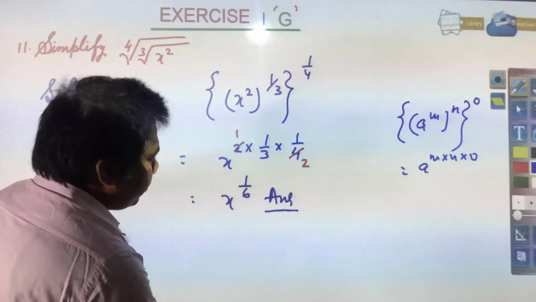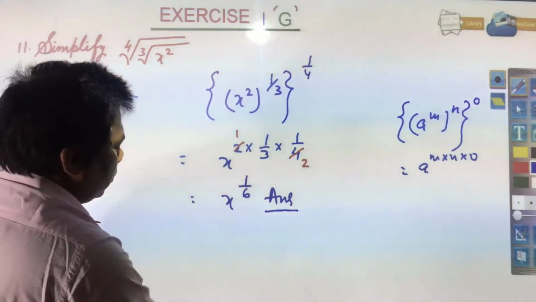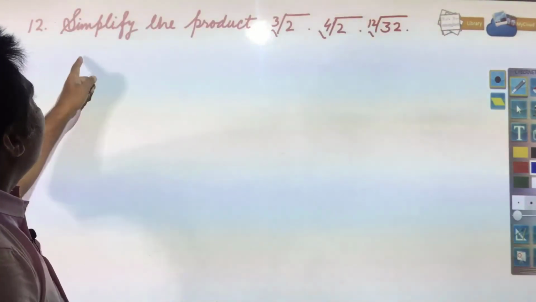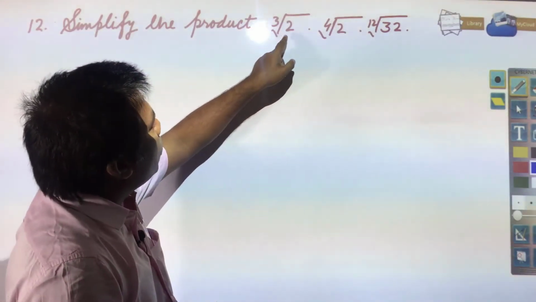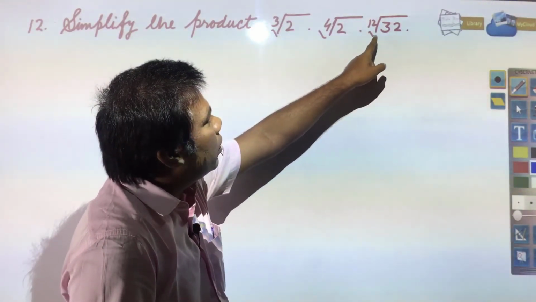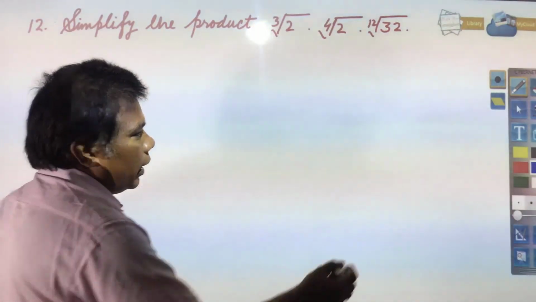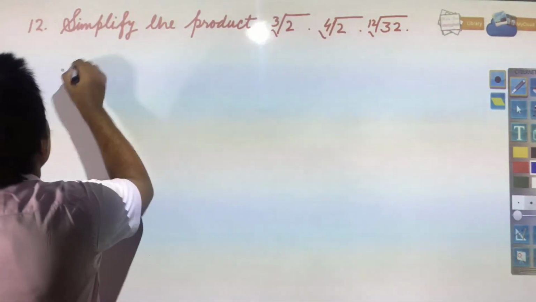Next we will see: simplify the product of cube root 2, fourth root 2 and 12th root 32. Again a simple question.